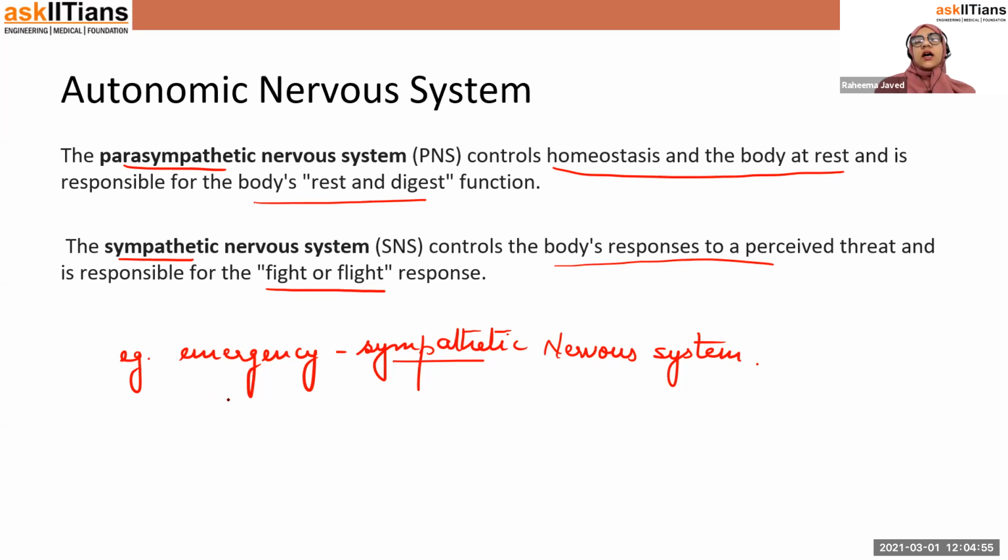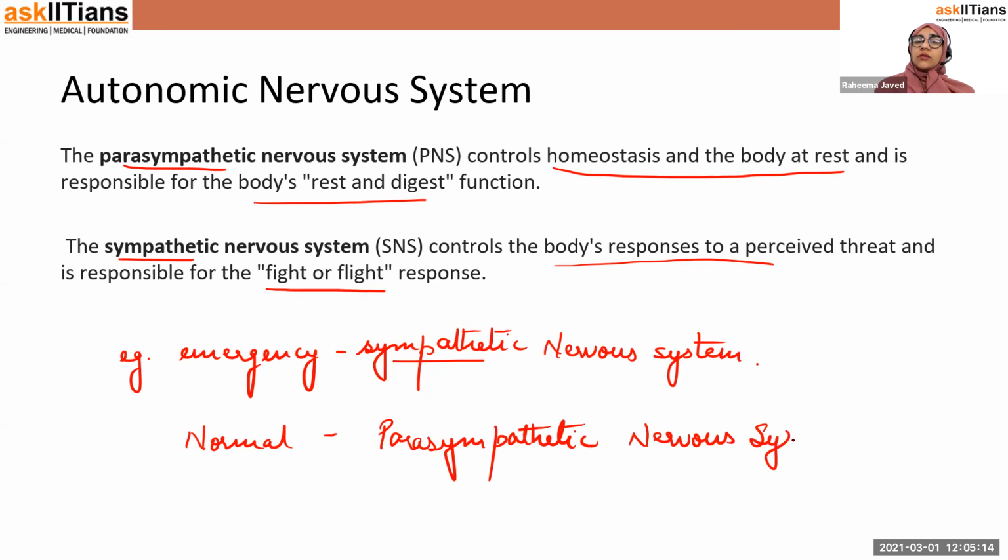But after the emergency is over and everything is normal, the parasympathetic nervous system brings everything to normal. That means the heartbeat becomes normal, the blood pressure becomes normal, the breathing rate becomes normal, the goose flesh disappears, and your eyes come back to the normal size, and so on.